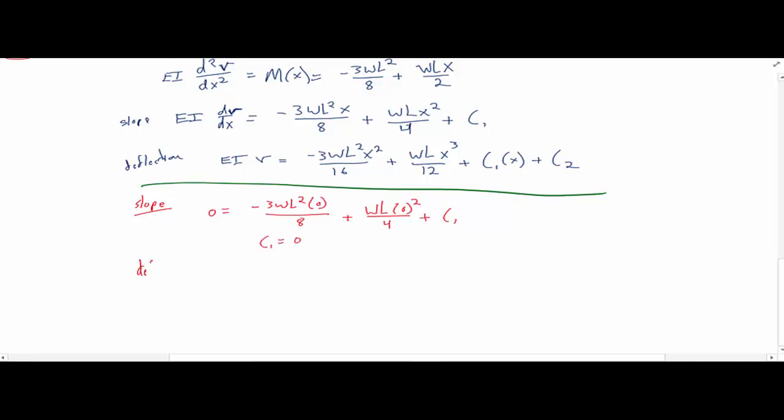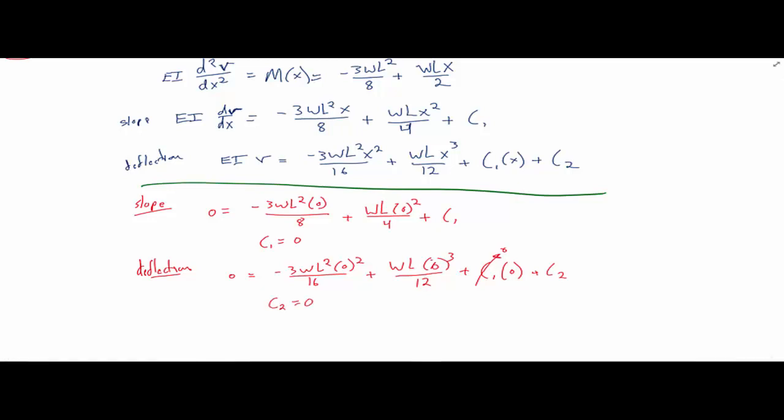For deflection, we plug 0 in as well: 0 equals negative 3WL squared multiplied by 0 squared divided by 16 plus WL multiplied by 0 cubed divided by 12 plus C sub 1 multiplied by 0, which is also 0, plus C sub 2. And we determine here that C sub 2 is also 0.